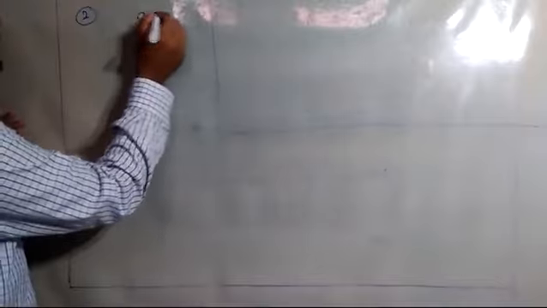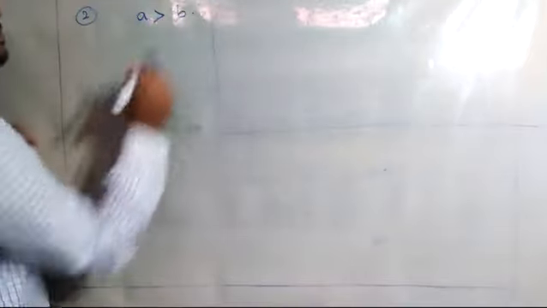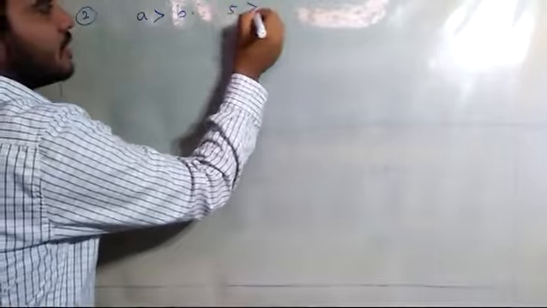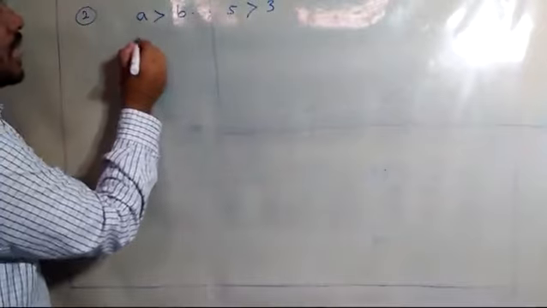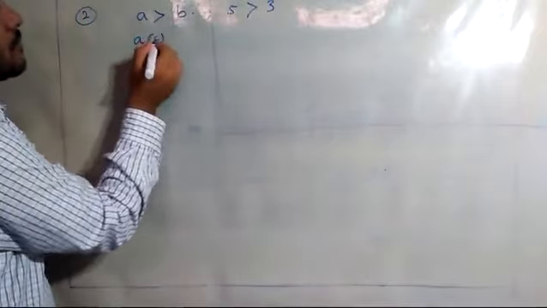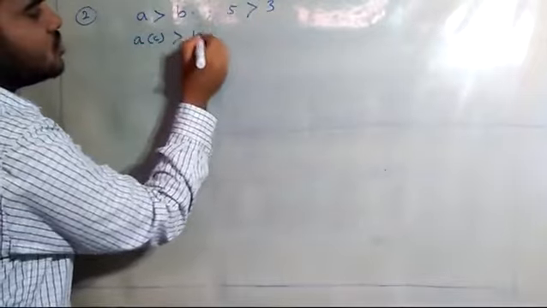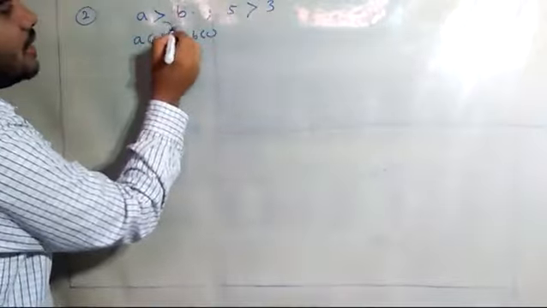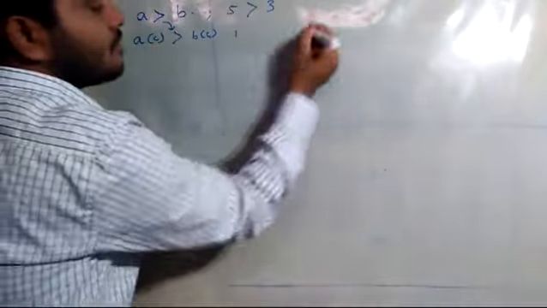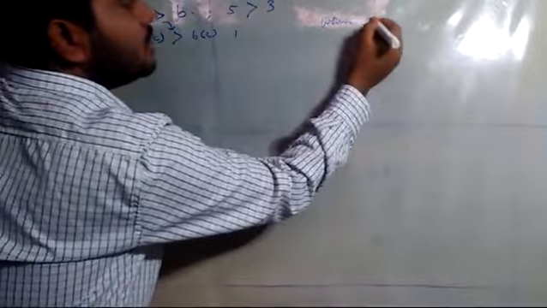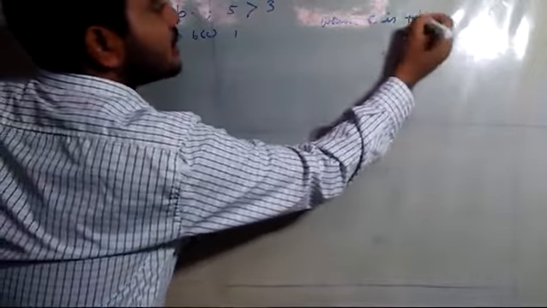The second law of inequality says that if I have numbers a greater than b, let us take 5 greater than 3, same example I am carrying. Now if I multiply this by c and this side also by c, then the inequality symbol will not change when c is a positive number.